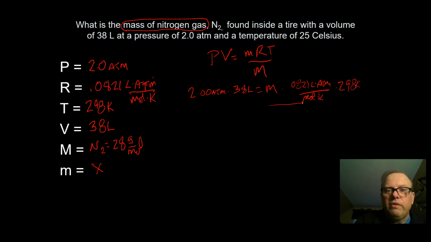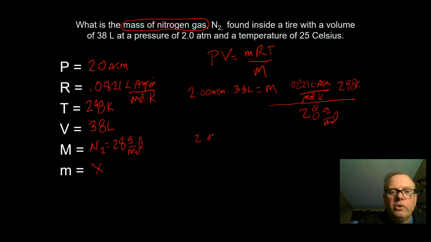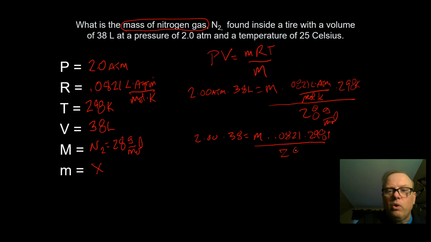And that's all going to be divided now by M, which is 28 grams per mole. So if you think about it without the units on, what it really is here is 2.00 times 38 is equal to m times 0.0821 times 298, over the 28. So it's not that bad.